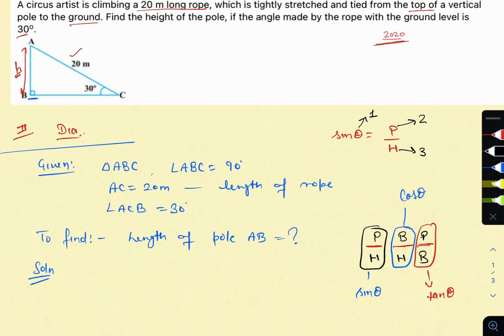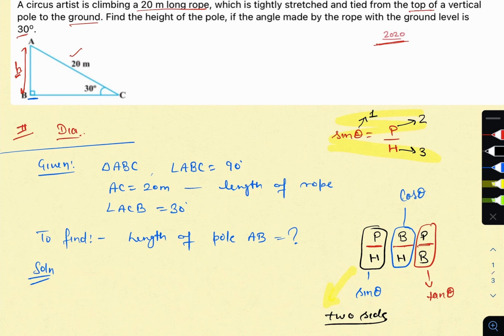So in any question, how are we going to use these things? In every trigonometry ratio, there are always two sides. We will use one side which is given in the question and one which we have to find out, and the third thing is the angle.